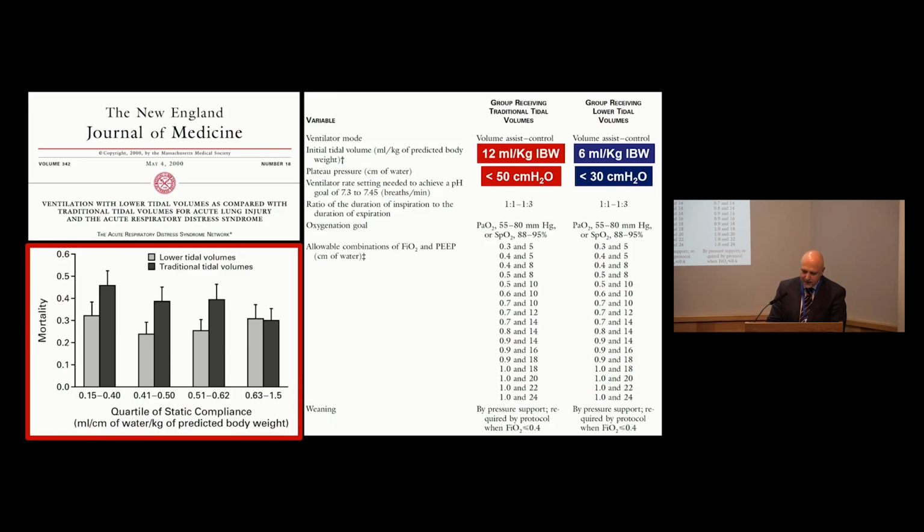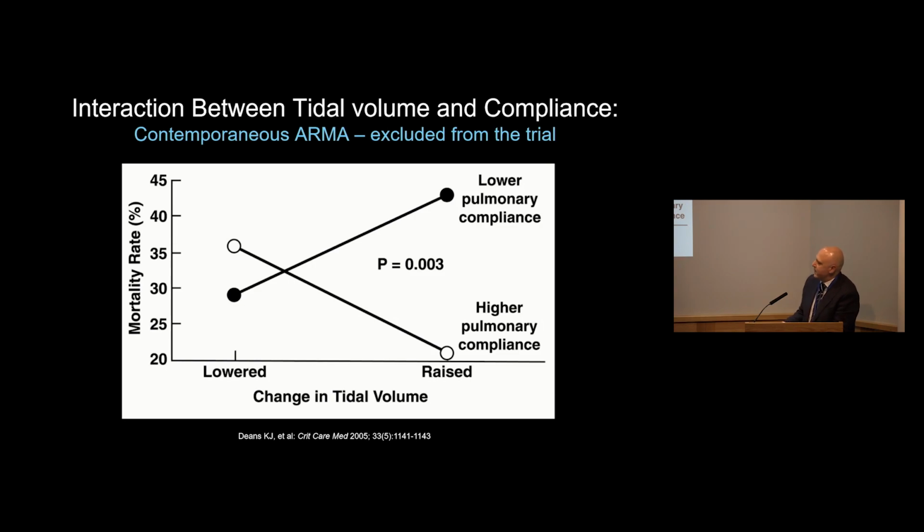And if you like interaction, this is even more marked, because basically this is a group of patients who didn't go into the ARMA trial, and essentially they were ventilated either going from lower to higher tidal volume or from higher to lower tidal volume.